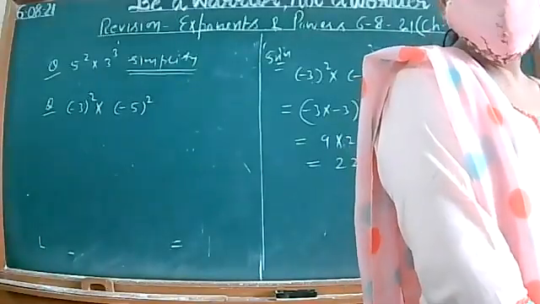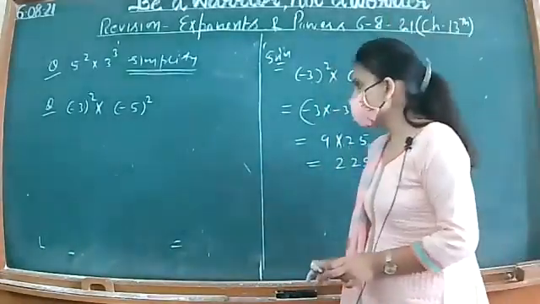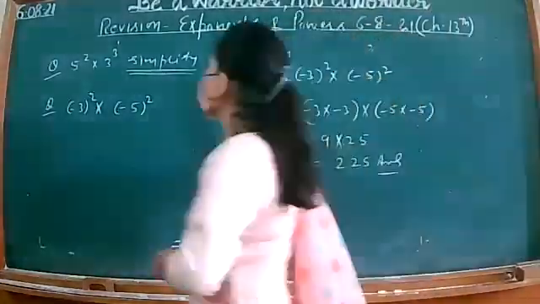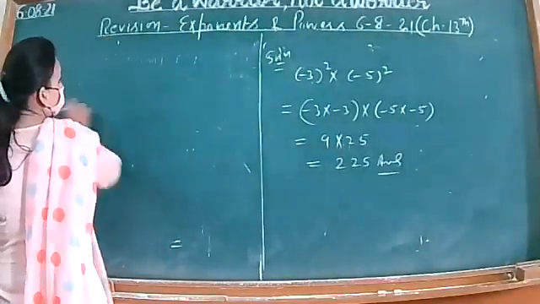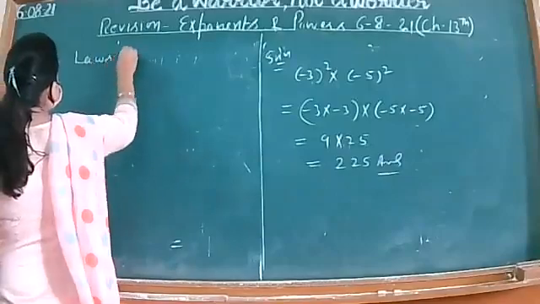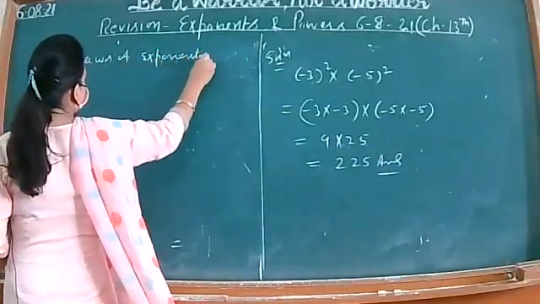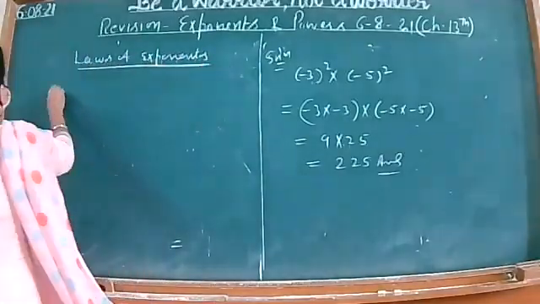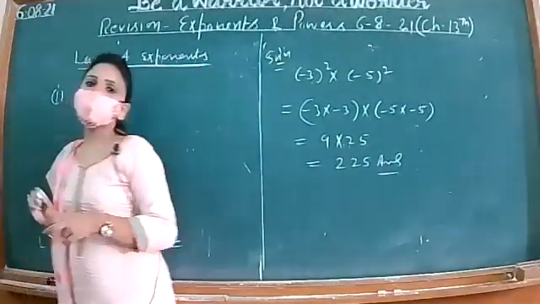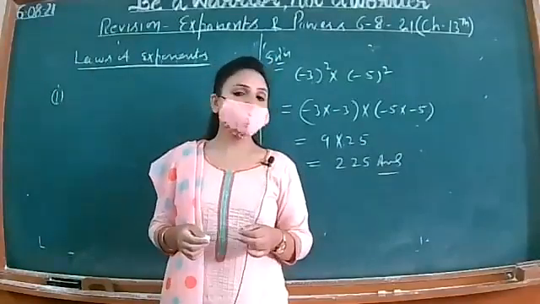Now we will discuss the laws of exponent and then we will do the questions based on them. So let us discuss laws of exponent. First law: we did so many laws, 5 to 6 laws, on the basis of which the next exercise will be there.